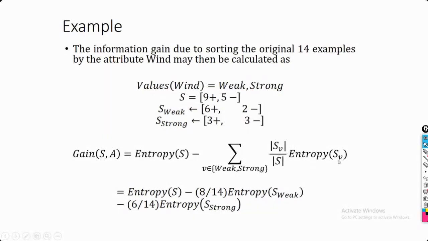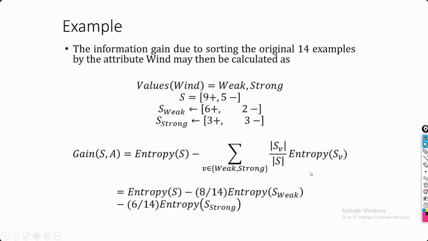Next we are coming to this part, where we perform the entropy calculation for this particular attribute value combination. I'm going to write it here: entropy of weak and entropy of strong.